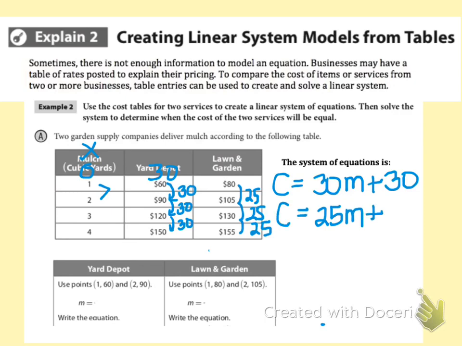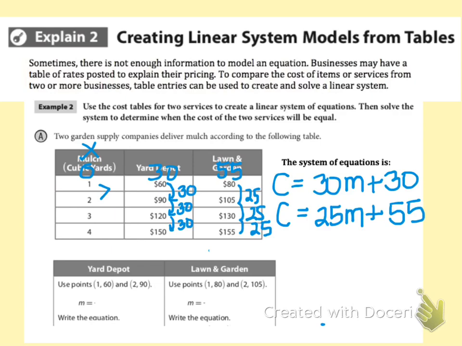But of course, there's some delivery fee built in. So if you go backwards 25 instead of forward, you take 25 away from 80 and get 55. So that $55 must be the delivery charge, and then you pay $25 for each additional yard of mulch.